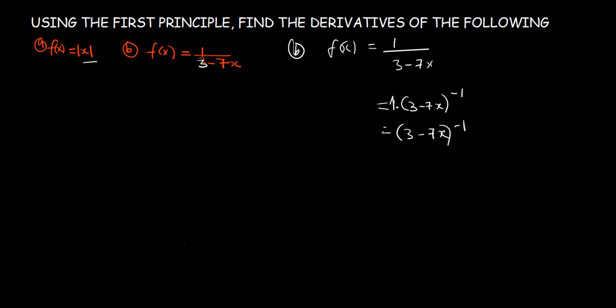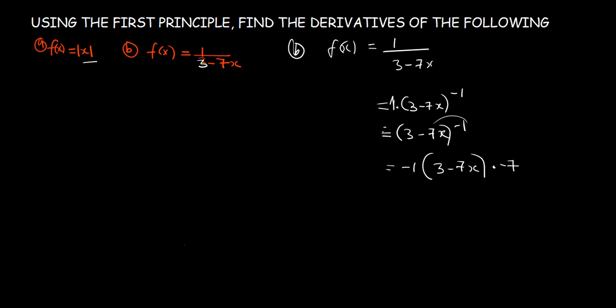Now this is what we call the power rule, so I'll multiply this one in front there, that will be negative 1, open bracket, you write the same thing inside. Then you differentiate what is inside and multiply. Once you differentiate what is inside, it will give you negative 7.